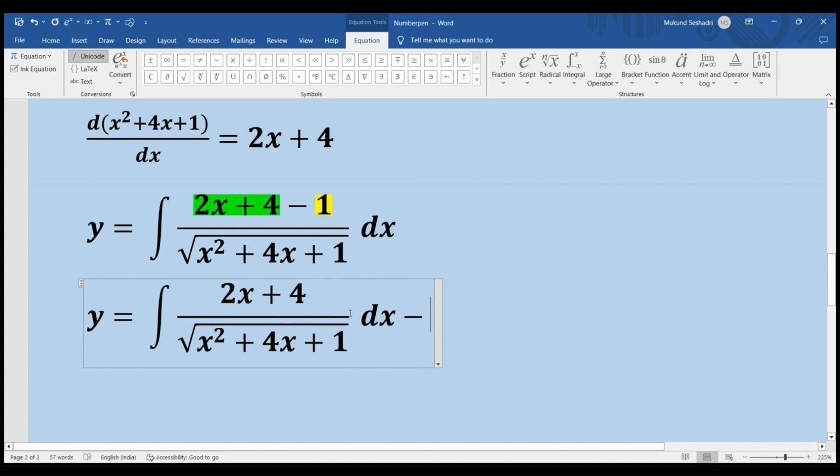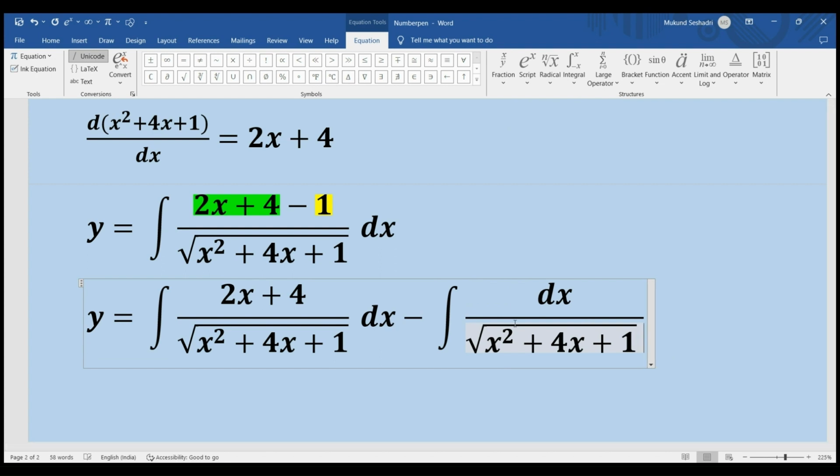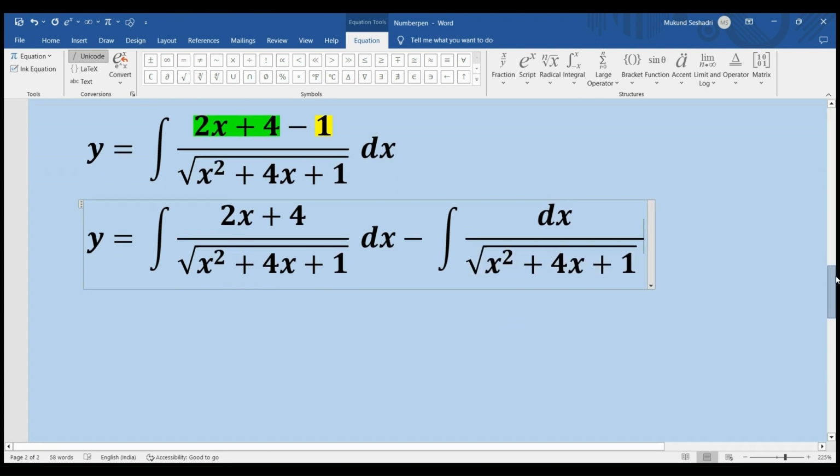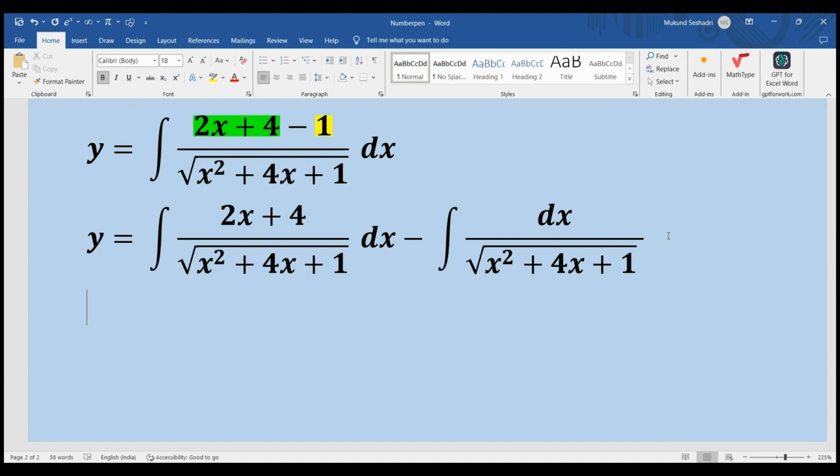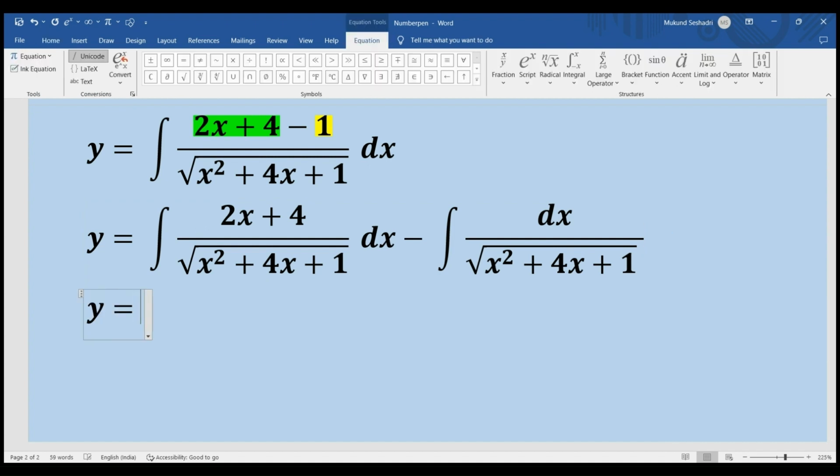And then I come to the second part, minus of dx by square root of x square plus 4x plus 1 is my second part, right? So now we have two parts to solving y. So I'm going to call the first part y1 and my second part is y2, right? So the answer to this problem is y1 minus y2.